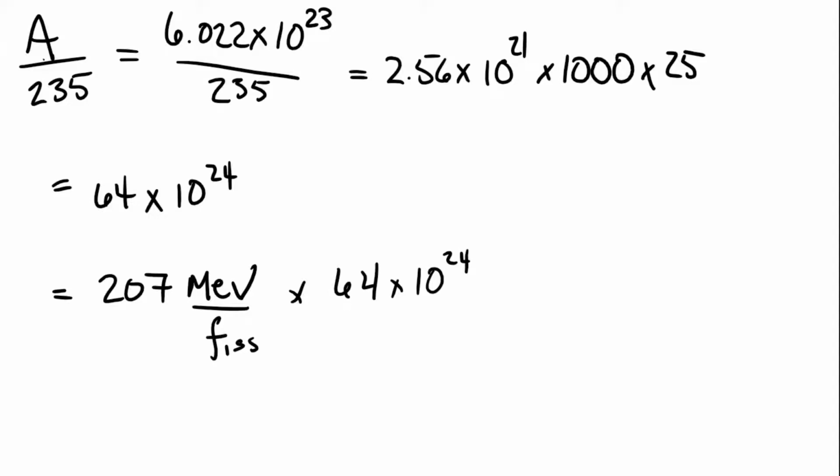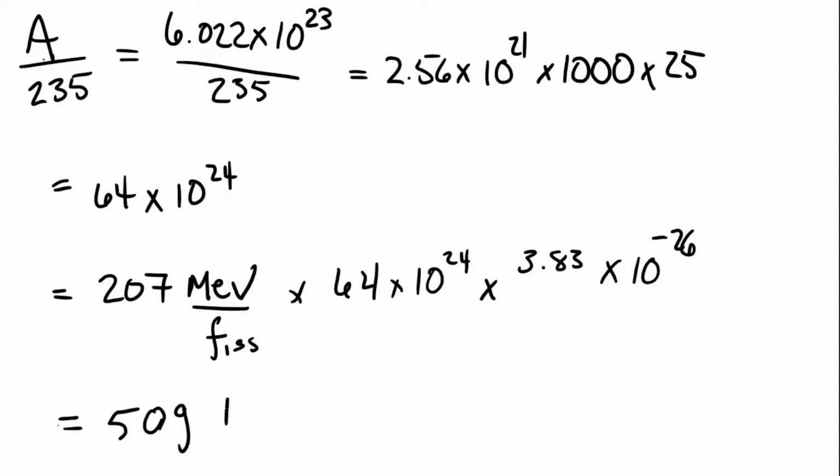And because we're looking to see, in explosive terms, what this ends up being, let's use that conversion factor to go from MeV to kilotons, which is 3.83 times 10 to the minus 26 kilotons per MeV. And so ultimately we end up with a grand total of 509 kilotons of energy release.